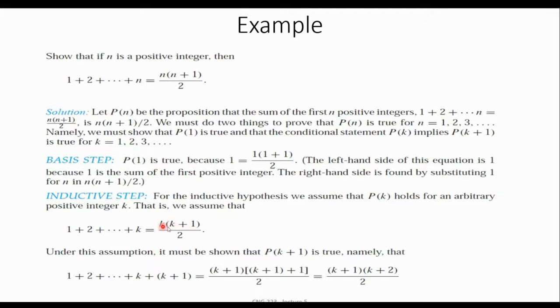Now, if I assume this is true and I consider it for k plus 1, what happens? Instead of k, now just include k plus 1. So for this one, instead of k, just insert k plus 1.